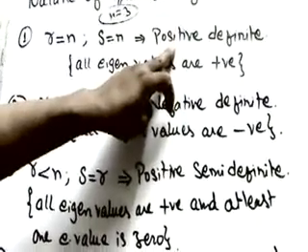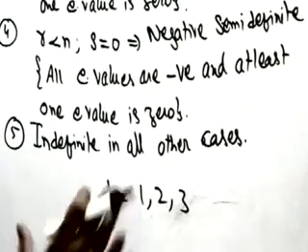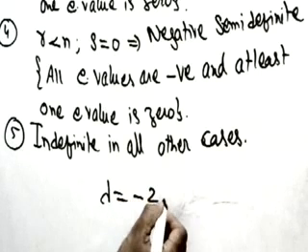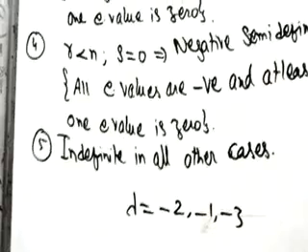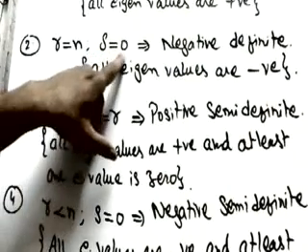Suppose all the eigenvalues are negative, minus 2, minus 1, minus 3, then we say negative definite.